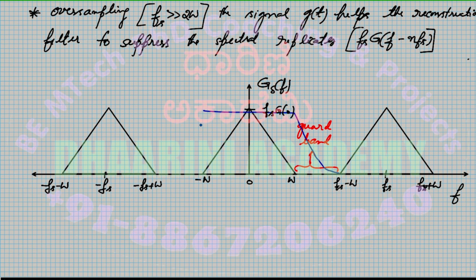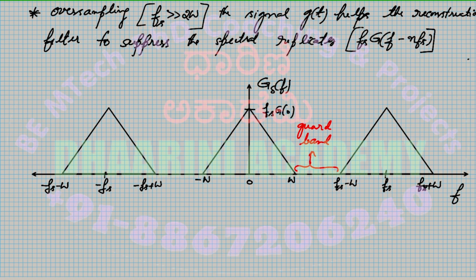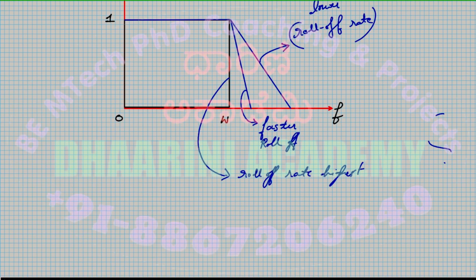This is the most suitable wave shape of the filter. This is possible because on both sides you have guard bands. Because of having the guard bands, that's the advantage. I don't have to design a filter of very high order, getting a very sharp frequency response like that. I can even go with the response which is like this.